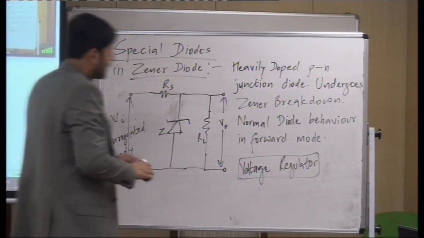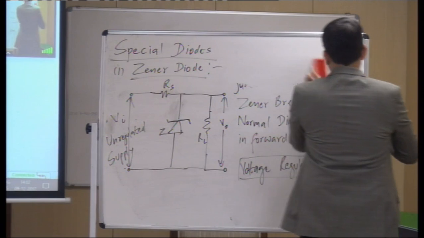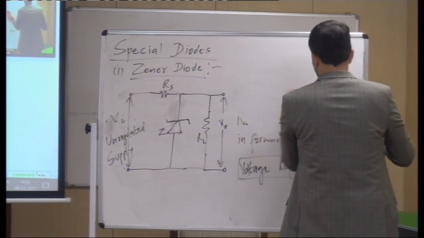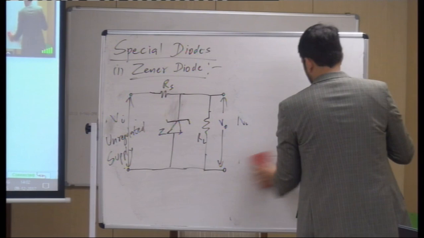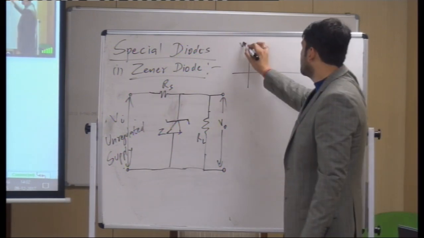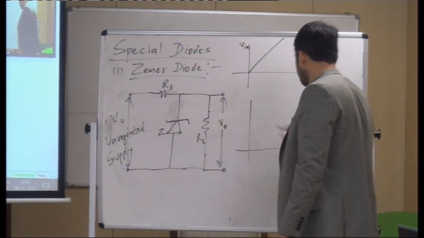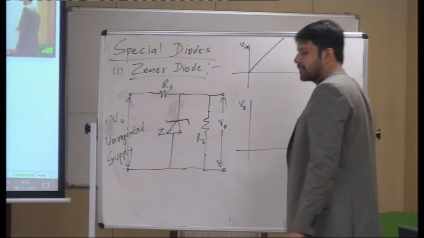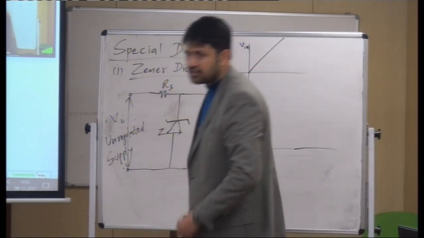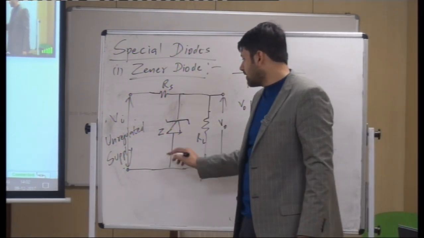Now, let's discuss how it operates. Let's say the input voltage is like this, increasing linearly. And let's discuss the output. Let's say its breakdown voltage is Vz.